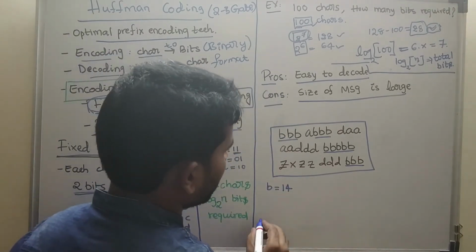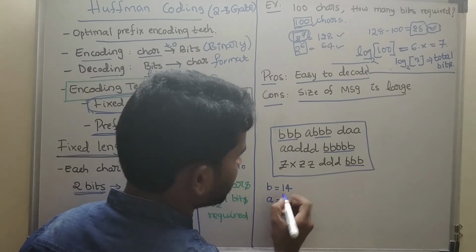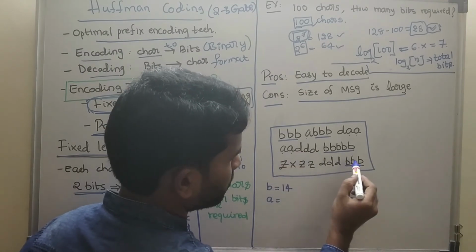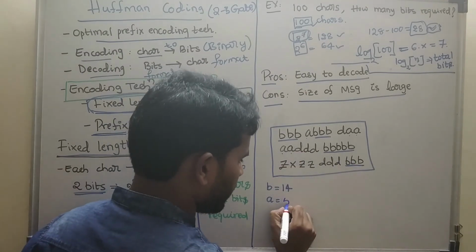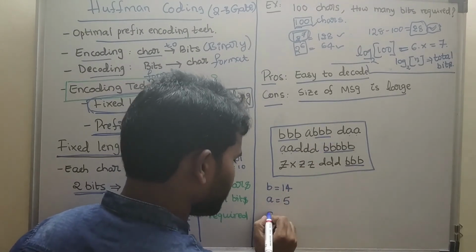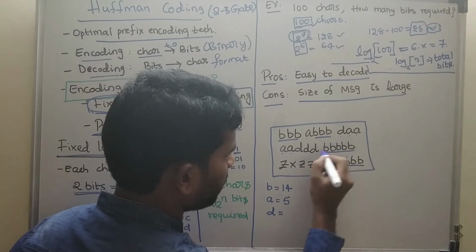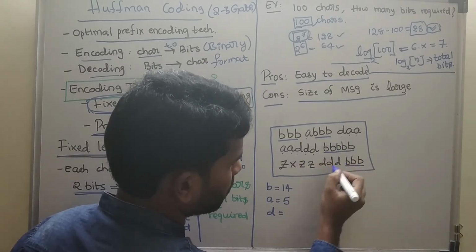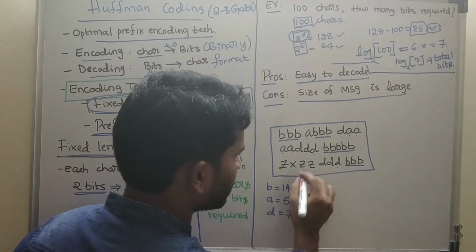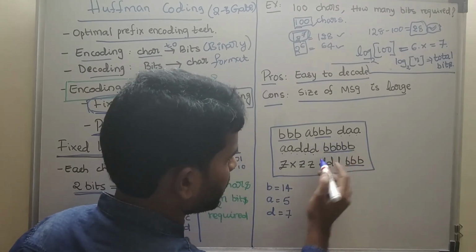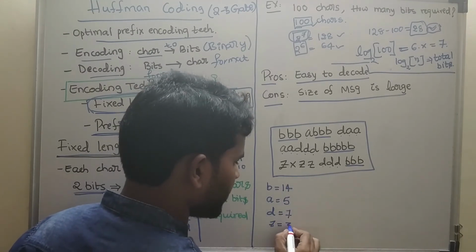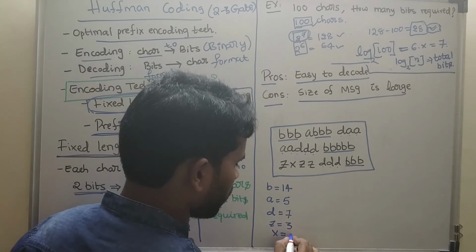And how many A's are there? 1, 2, 3, 4, 5 A's. Then D, how many D's? 1, 2, 3, 4, 5, 6, 7 D's. Then Z, how many Z's? 3 Z's. X equals 1.